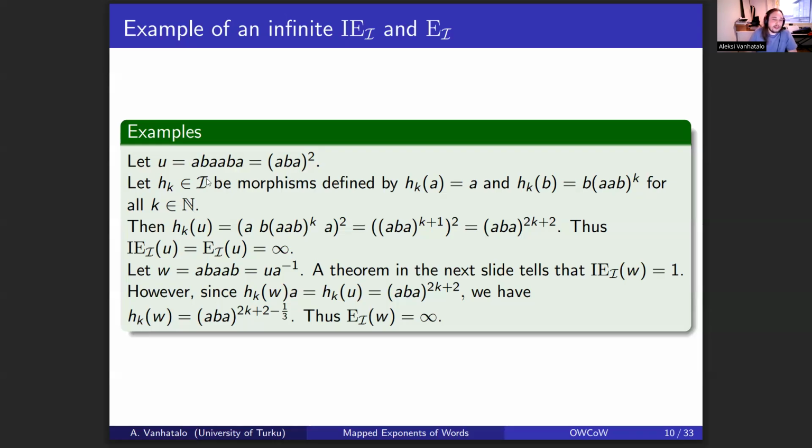If we use this morphism on our word, we obtain a repetition of ABA once again with an integer power. And since k is free here, we see that the mapped integer exponent and the mapped fractional exponent are both infinite for this word. Very basic situation.